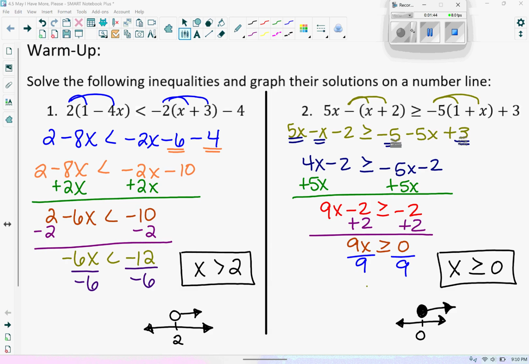Okay, remember that you can plug it back into Desmos and see if it makes a true statement. So 4 times 2 is 8. 1 minus 8 is -7, and 2 times -7 is -14.